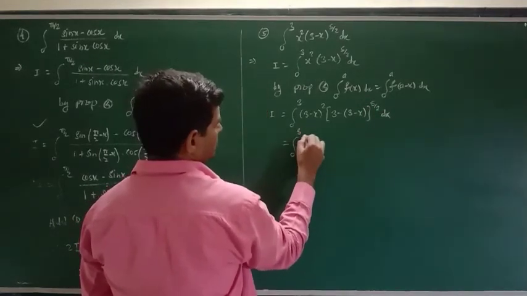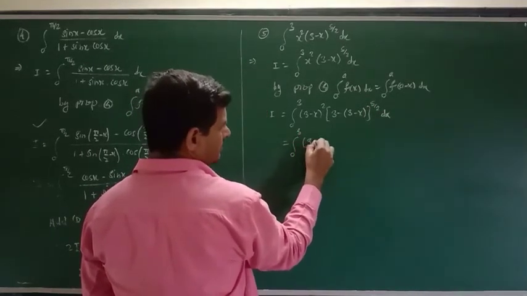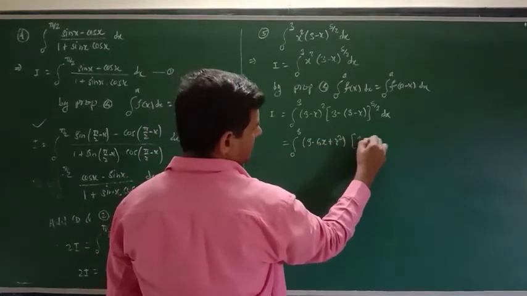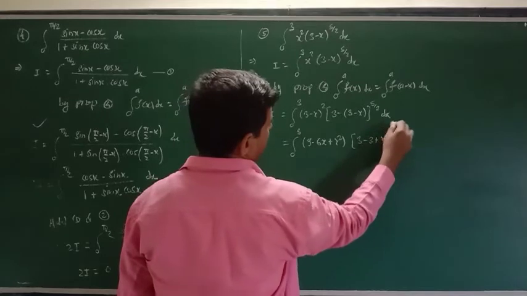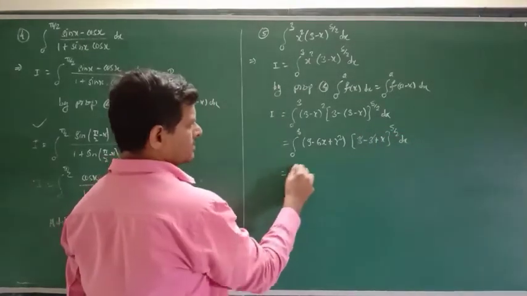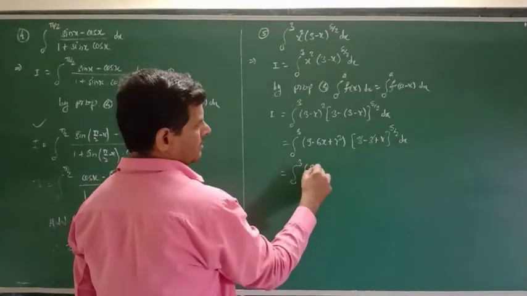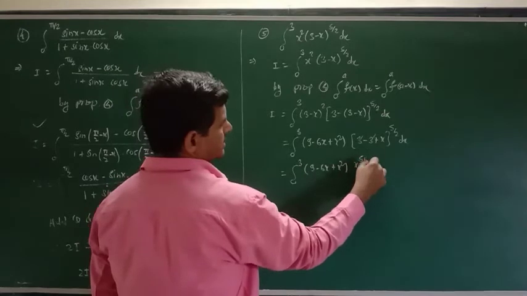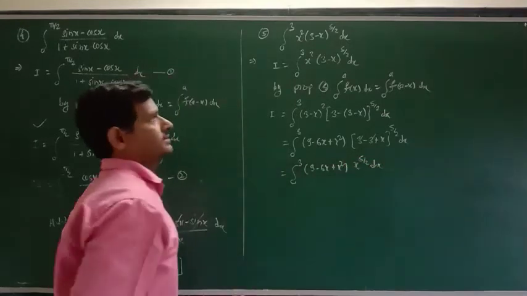So it is 0 to 3, (9 minus 6x plus x square) into (3 minus 3 plus x) raised to 5 by 2 dx. Minus 3 plus 3 get cancelled. So 0 to 3, (9 minus 6x plus x square) into x raised to 5 by 2 dx.